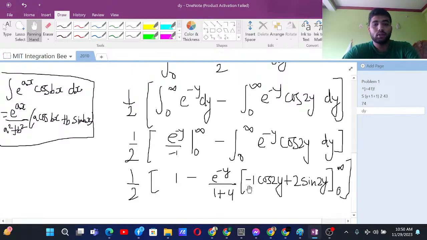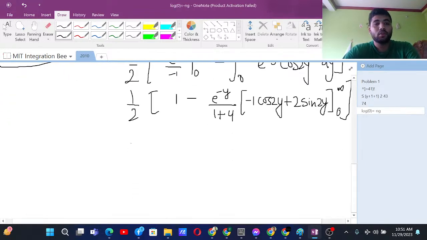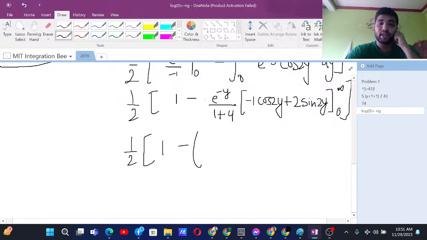Okay, so that is it, and we have 1 by 2, 1 minus, now if we evaluate this at infinity, of course e to the power minus y will dominate, because the denominator will get extremely large since it's increasing exponentially.